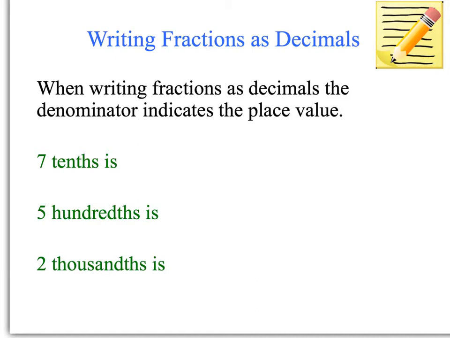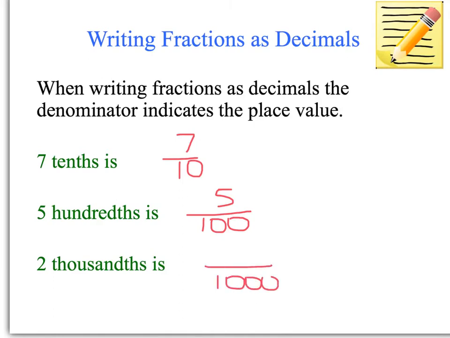So 7 tenths is 7 over 10. 5 hundredths is 5 over 100. So when we're talking about hundredths, the denominator is always 100. And when we're looking at thousandths, 2 thousandths is 2 over 1,000.